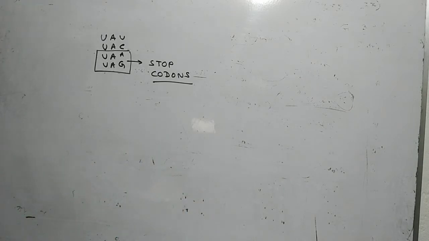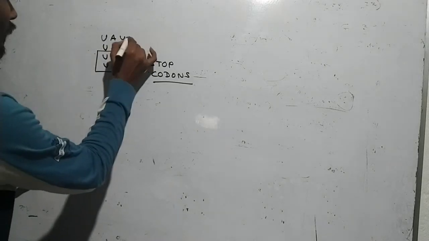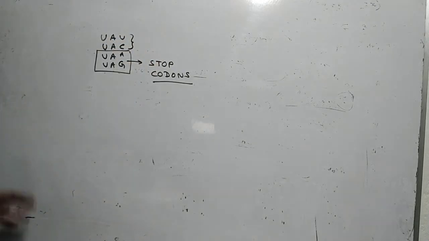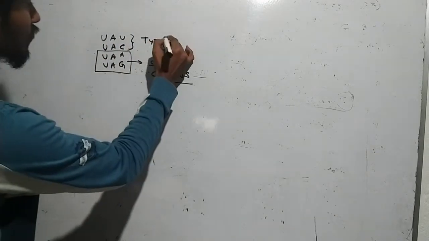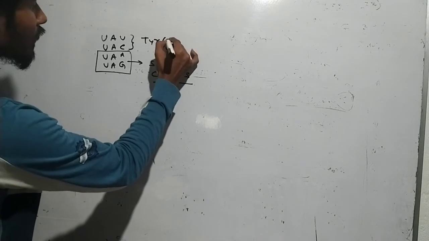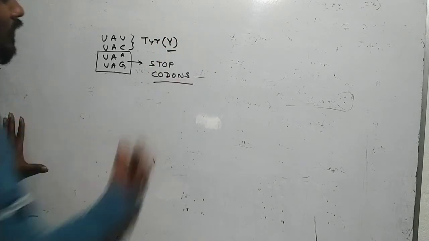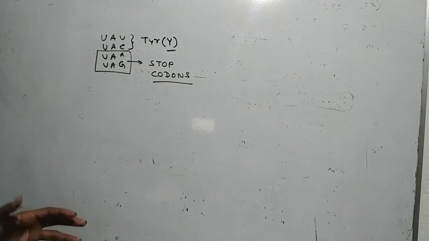Now UAU and UAC, actually these 2 codons encode for the tyrosine residue.